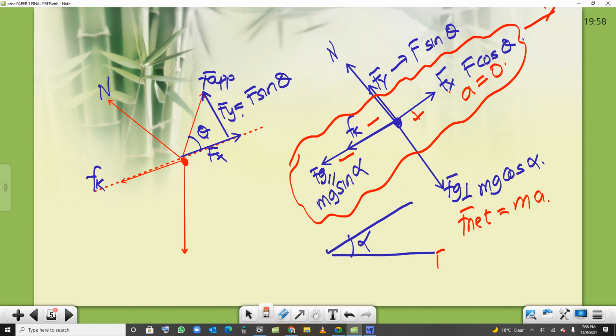What is it? F cos. Are we fine? Which is positive, right? Plus, what about friction? Negative what? Friction. We'll go and get all the values later. Plus what? Negative mg sine what? Alpha. Are you with me? Equals to what? Ma. Write that formula down.